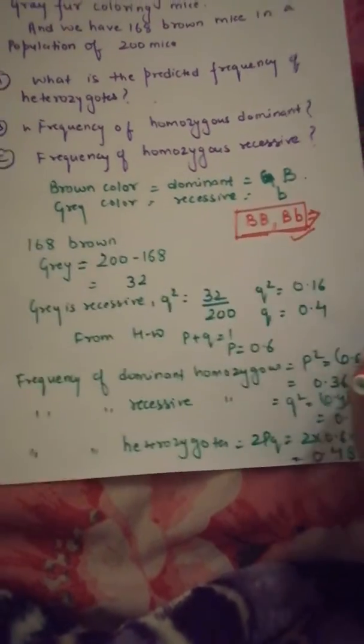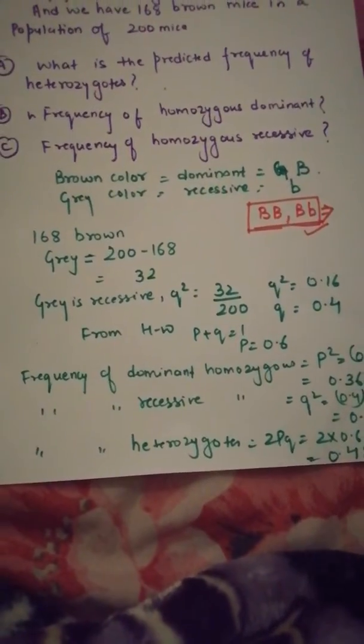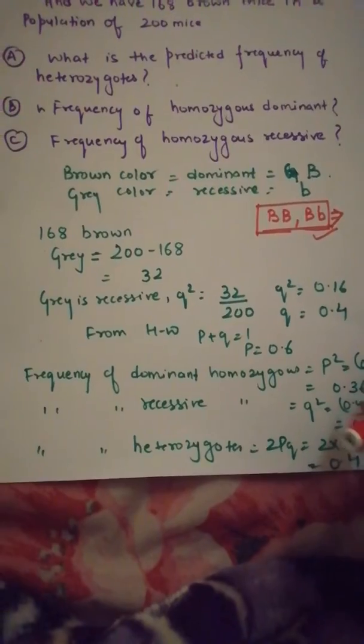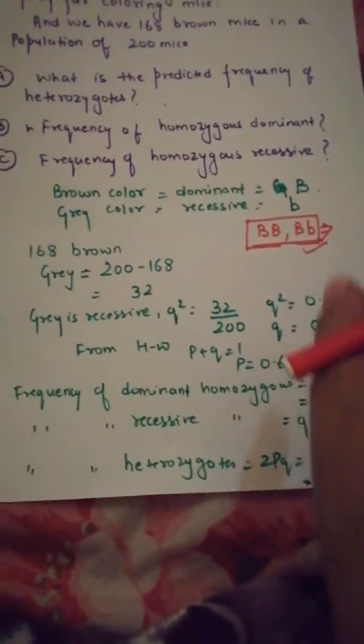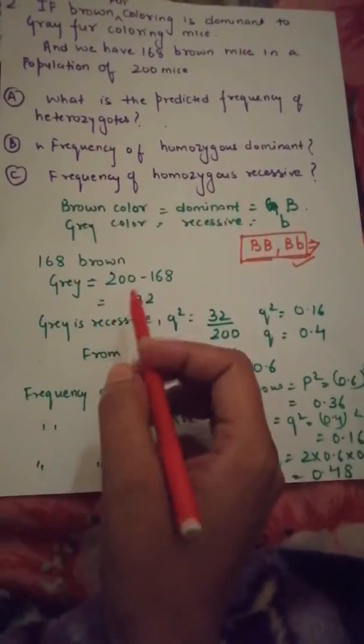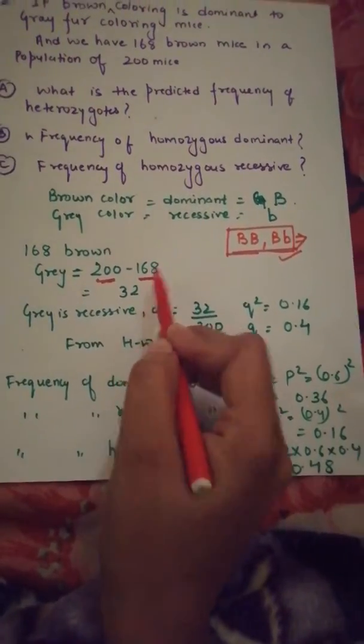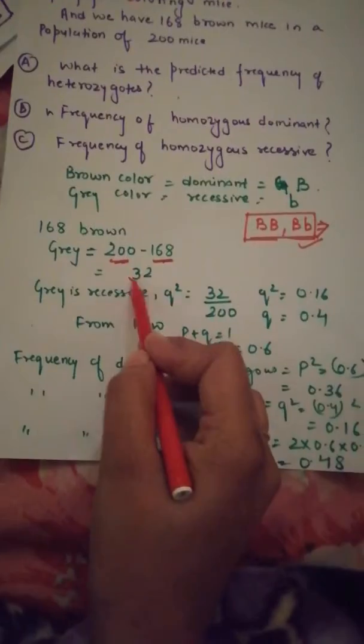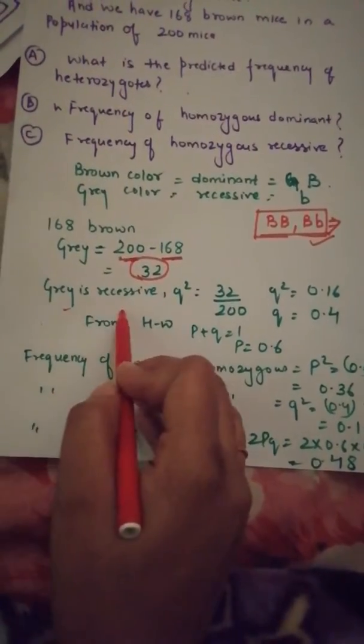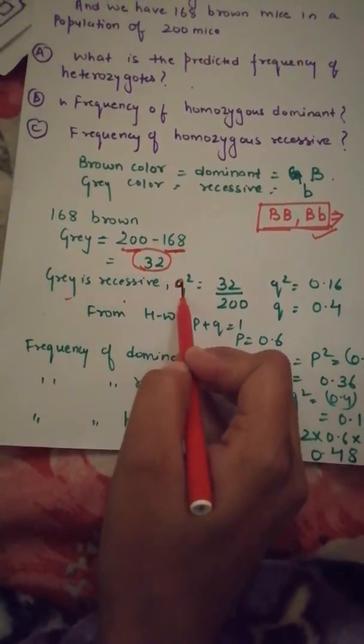So we have to find the recessive allele first. Which is recessive? Grey mice is recessive. The total is 200 mice and brown mice is 168, so we have 32 grey mice. And grey is recessive, that is equal to q squared.